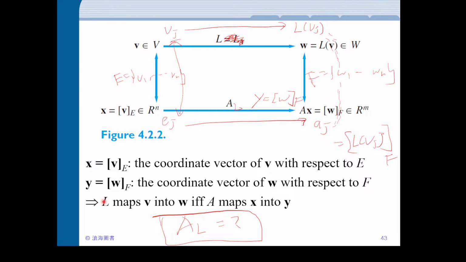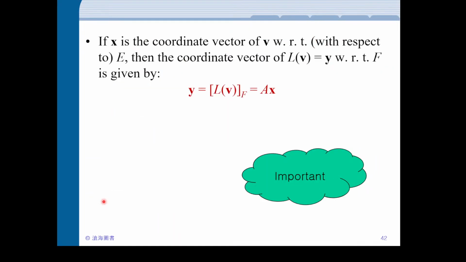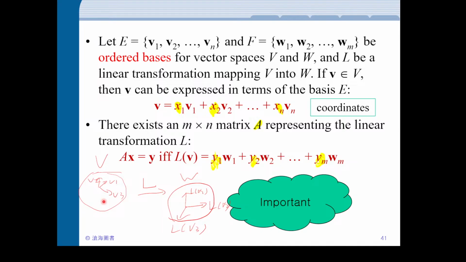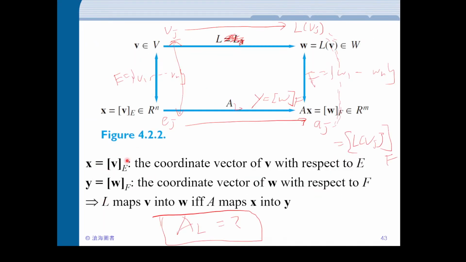I guess we need to say a little bit of notation that I forgot to say. We have this kind of notation to write the coordinate of a vector with respect to some basis. We talked about this a little in chapter 3, but didn't stress it too much. Remember, this notation means coordinate with respect to an ordered basis. So this is the coordinate of this vector V with respect to E, which is basically how we map this V to this X here.